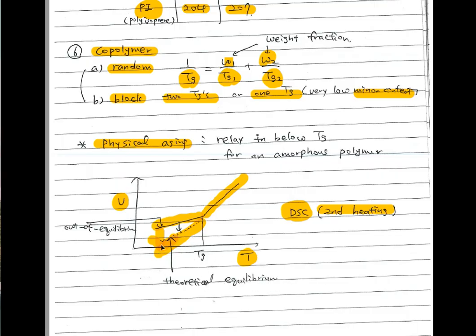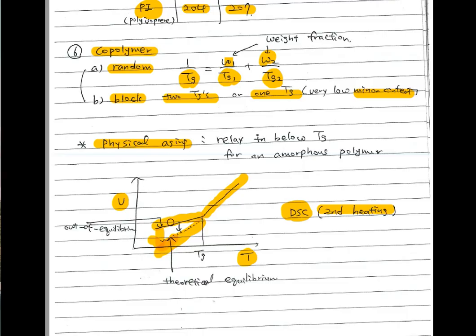By doing the first heating, you basically make the polymer into liquid state, and you cool down slowly, and it becomes this out of equilibrium glass state here. Basically, you removed the history of this physical aging for this amorphous polymer, and then you heat it up again.